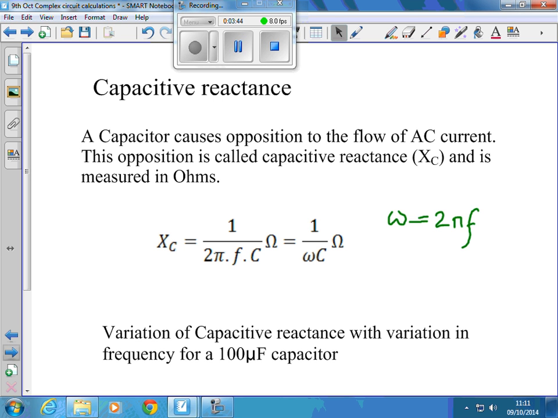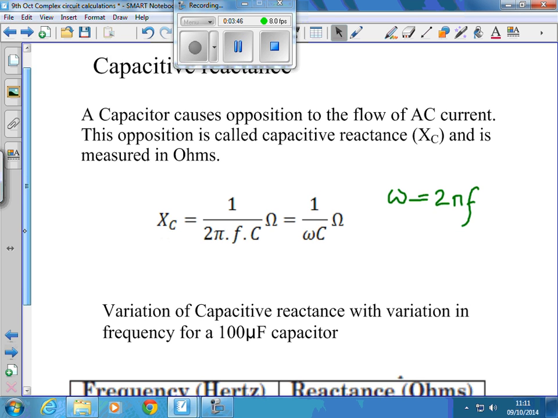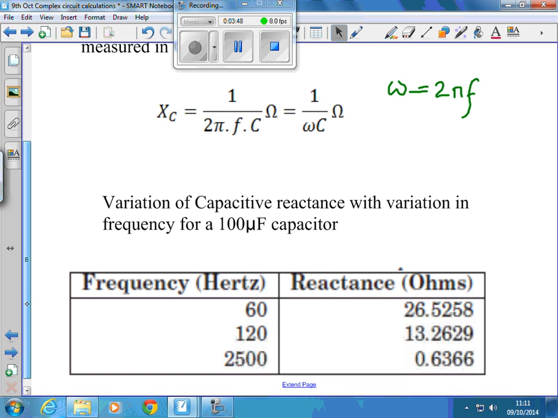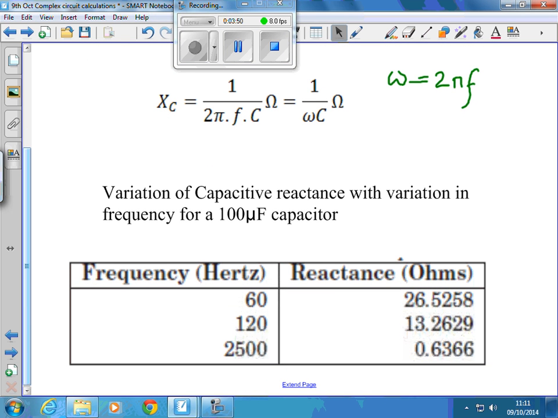So with this 1 over relationship, the reactance of a capacitor is going to fall as frequency rises. Its impedance reduces as we increase the frequency.